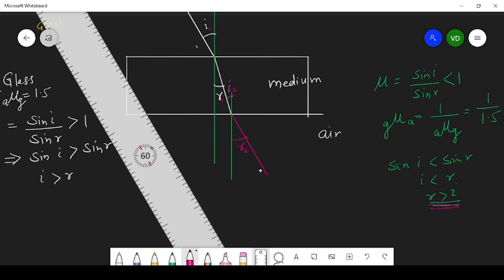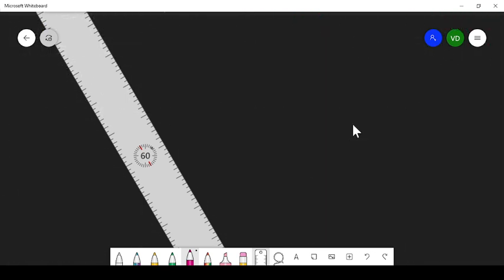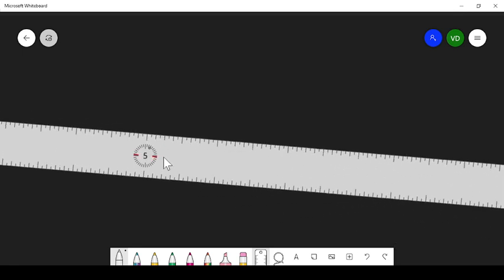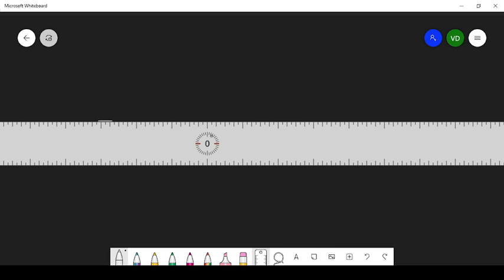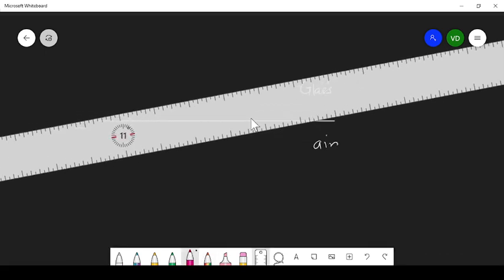Now what will happen if we increase the angle of incidence? For example, again we will take the same situation. We have a glass plate. I will just draw the surface, and above the surface is suppose glass, and the below surface is air, and the light is incident from glass to the air.